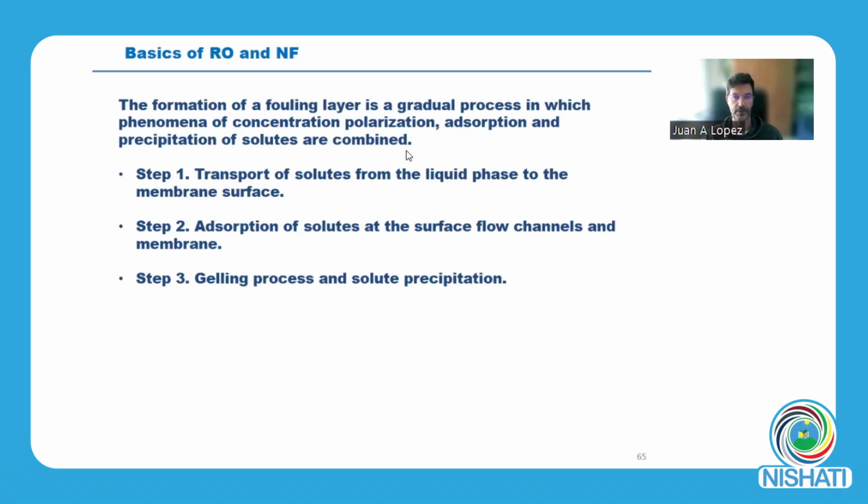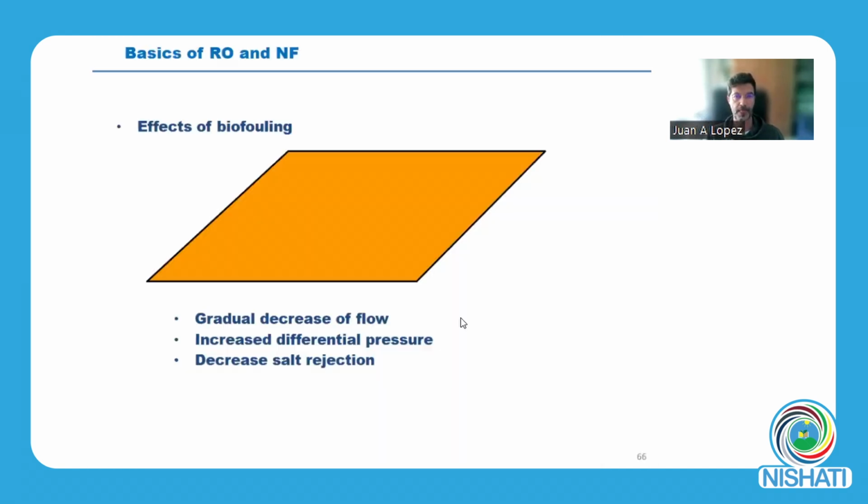Well, the fouling is very important in these systems because solutes can deposit onto the membrane. What is going to happen with the fouling? Well, with biofouling, the fouling is important because the colloids deposit onto the membrane.